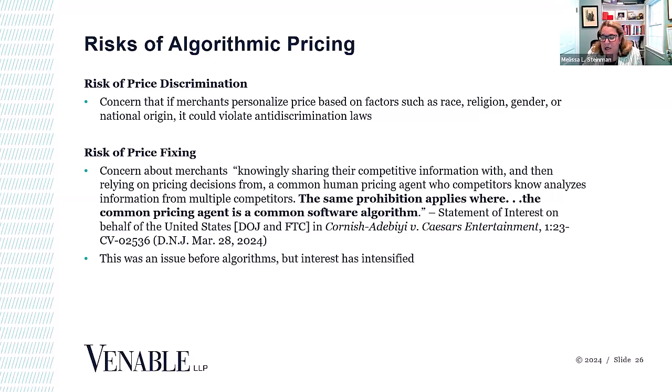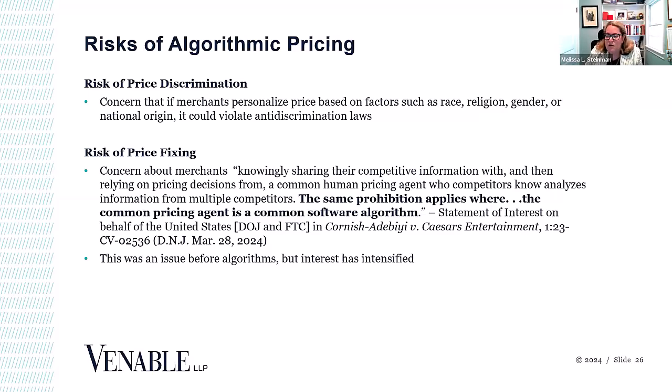They are conducting, there is an investigation right now going on where the DOJ and FTC have contributed statements, as part of the Cornish-Adebiyi versus Caesars Entertainment case. Essentially, the U.S. Department of Justice and the FTC jointly submitted a statement of interest on behalf of the U.S. in this case, which is in the District of New Jersey, where they weighed in.